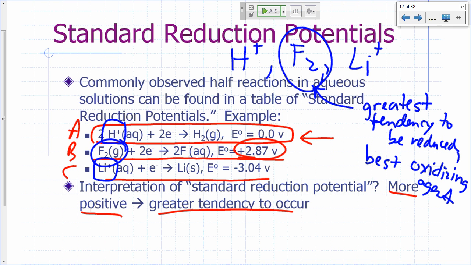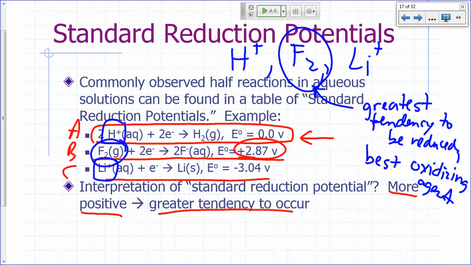So something that's reduced is an oxidizing agent. Something that gets oxidized is a reducing agent. So if you do hear those terminologies, make sure you understand what they mean. When you say oxidizing agent, that is something that is getting reduced. When you say reducing agent, you're talking about something that's getting oxidized.